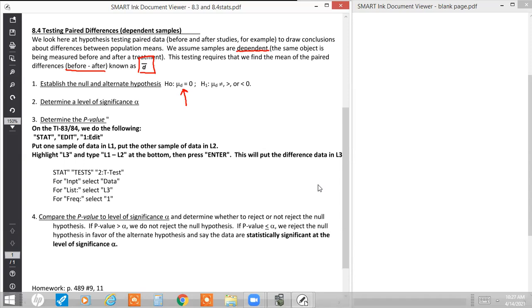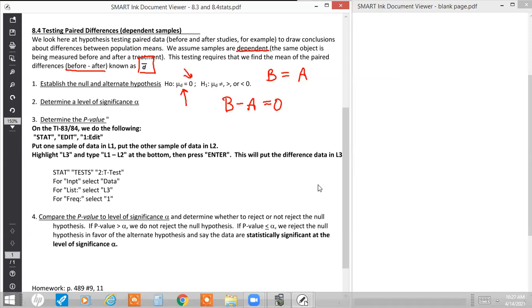We're assuming under the null hypothesis that the mean for before equals the mean for after, which means if you subtract A from both sides, B minus A is going to equal 0. And that B minus A is what we're calling D bar, the before minus after mean, right? So that's why there's a 0 here.